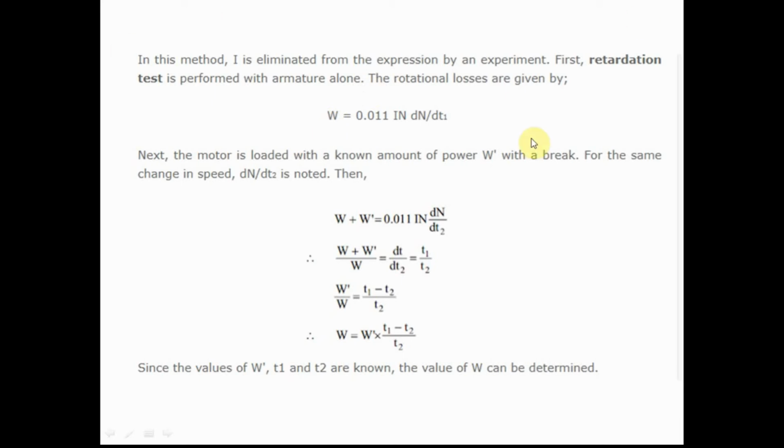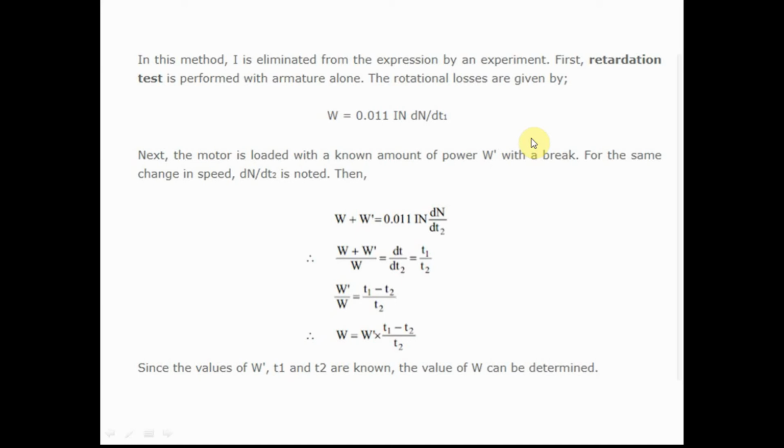In the first case, the motor is under no load condition. In the second case, the motor is under loaded condition, in such a way that when the supply is cut off, the motor is connected to a certain resistive load. This resistive load has to be a pure resistive load.